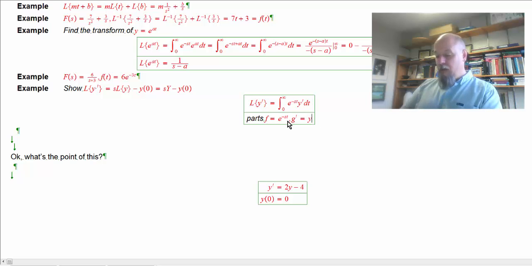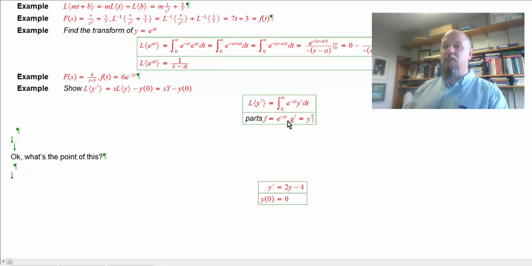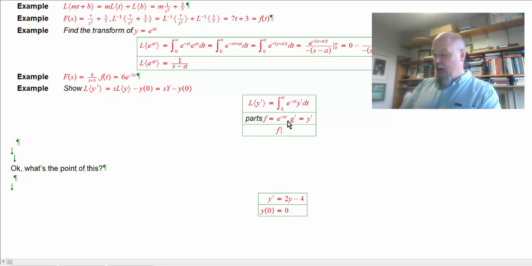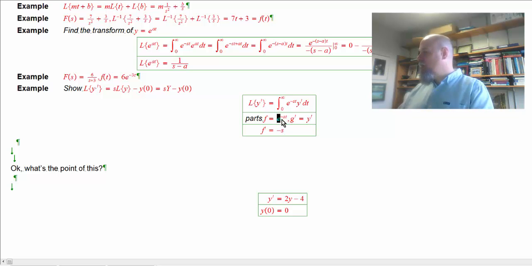The function that I'm going to integrate is the y prime, because I can integrate that and it's just y. I can say that the integral of y prime is y even without knowing what the real function of y is. So I'm going to have f prime is equal to minus s times e to the minus st, differentiating with respect to t here, and g is equal to y.